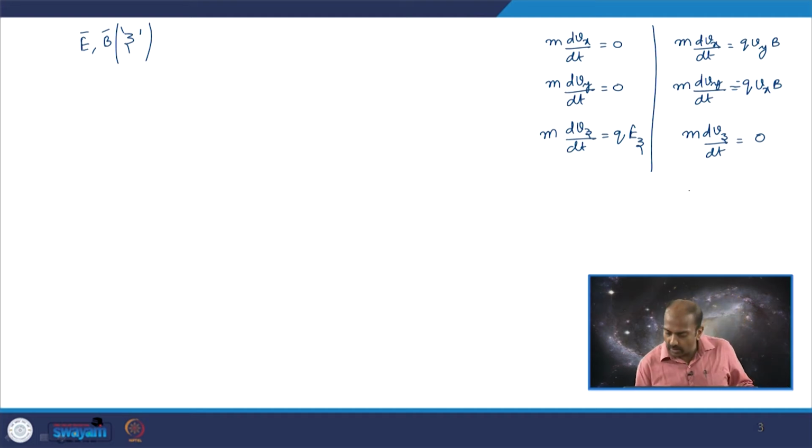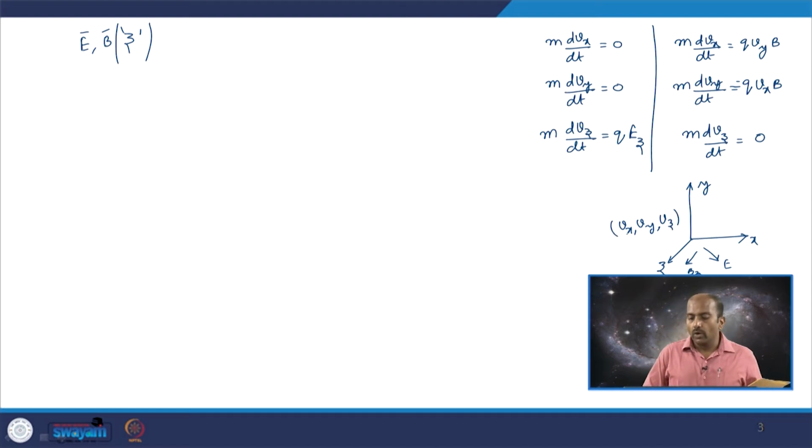Why is it? Let us redraw the figure for our reference. So, we have the coordinate system like this, x, y, z. For our reference, the magnetic field is in this direction, along z, and the electric field is in this plane, right. Now the velocity components are Vx, Vy and Vz.